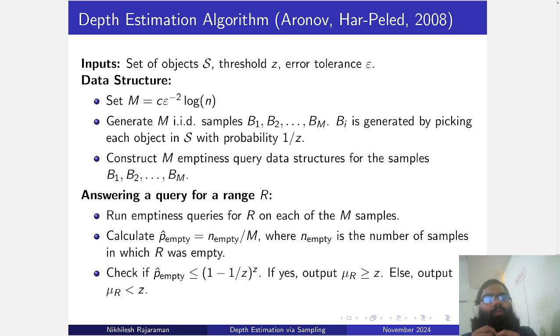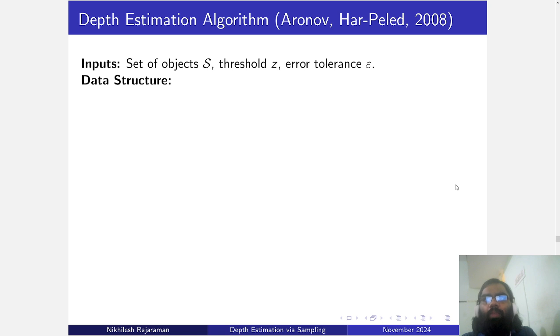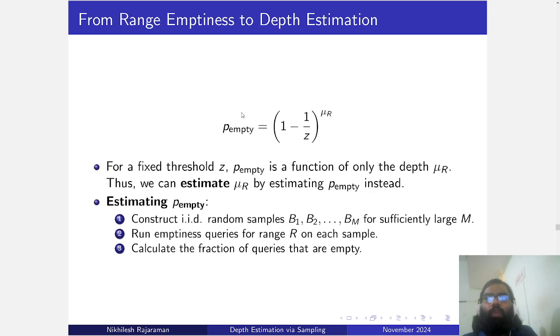Now we have this estimate of PMT, and we need to use that to decide whether the depth is greater than Z or less than Z. To do this, if we go back a little bit, we have this relationship between PMT and Z. We have an estimate of PMT, and the question we want to answer is: is mu r greater than Z or is mu r less than Z?